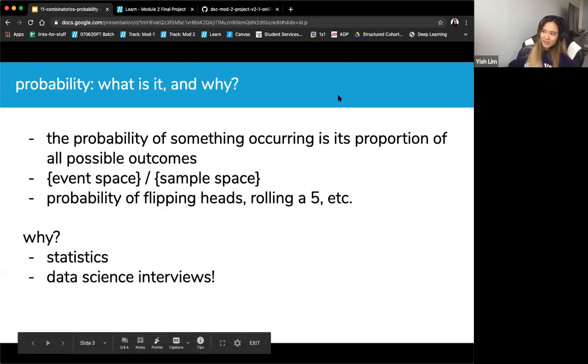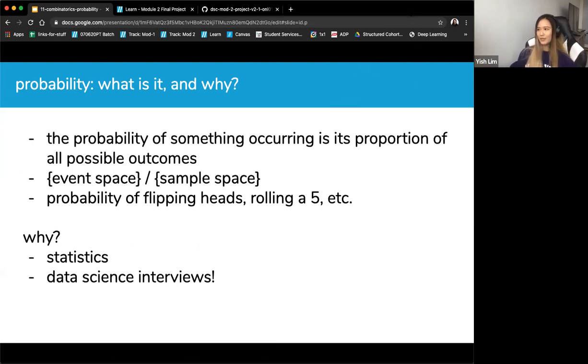So what is probability, and also why? There are so many definitions of probability. I'm sure you've all seen probability questions like, what's the chance of rolling a 6 on a 6-sided die? It's 1 out of 6. What is the probability of flipping a coin and getting heads? 1/2.